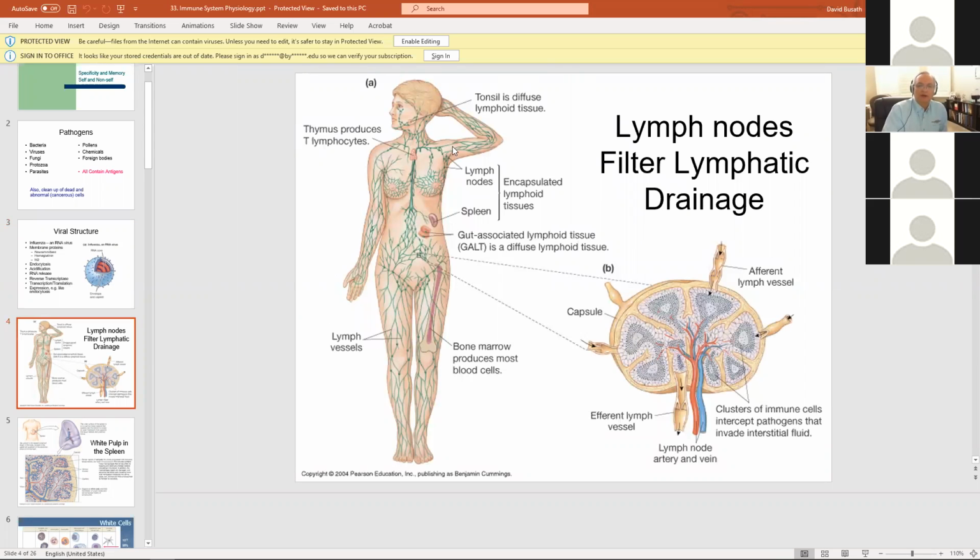Usually these pathogens get swept up through our lymphatic system, passing through lymph nodes, where they can be presented by dendritic cells that bind up the pathogens and then present their antigens to white blood cells. The same happens in the spleen, especially the white pulp.